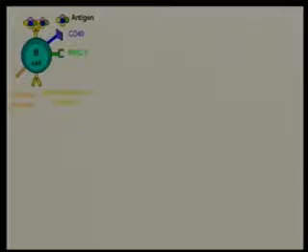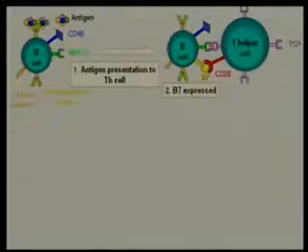Just to show it to you one more time: antigen, the carrier, the hapten, interacts with immunoglobulin. It becomes processed and presented with the MHC class II molecule. That is then presented to a T helper cell, leads to upregulation of B7 on the B cell. These two signals, first signal, second signal, lead to activation of the T cell.